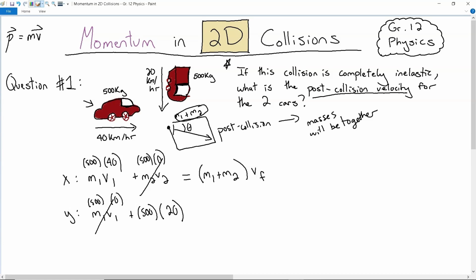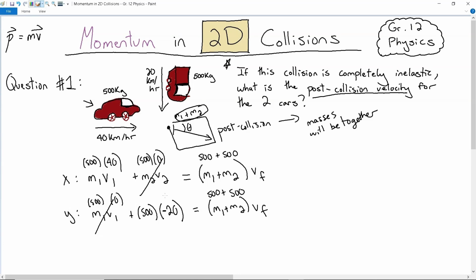So since we're going 20 kilometers an hour south, I will set this as a negative number. And same deal here. We can also just add the mass values here as well. It'll just be the two cars stuck together.